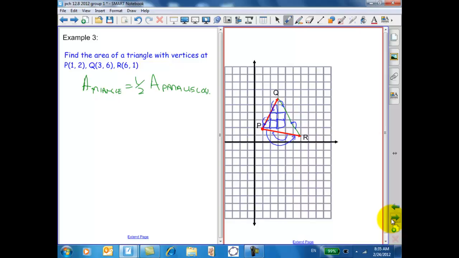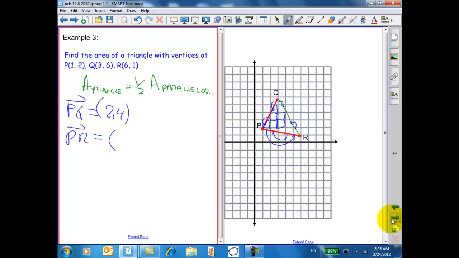So if we do this, we've got to come up with the vectors first. The vector PQ is (2, 4), right? Don't just put the corners in. You've got to get a vector coming from a common corner. So this is the vector (2, 4), and PR is the vector (5, negative 1).